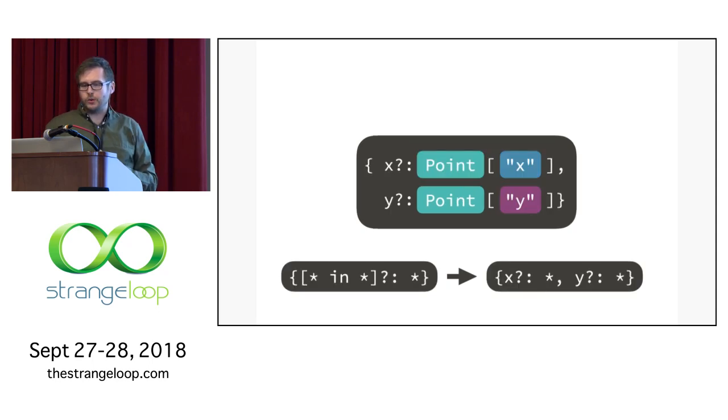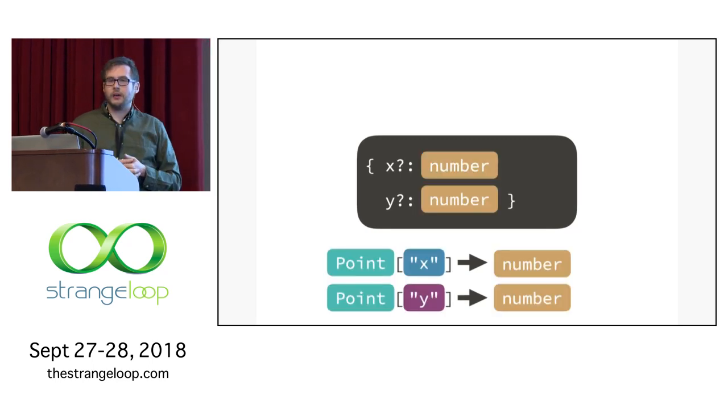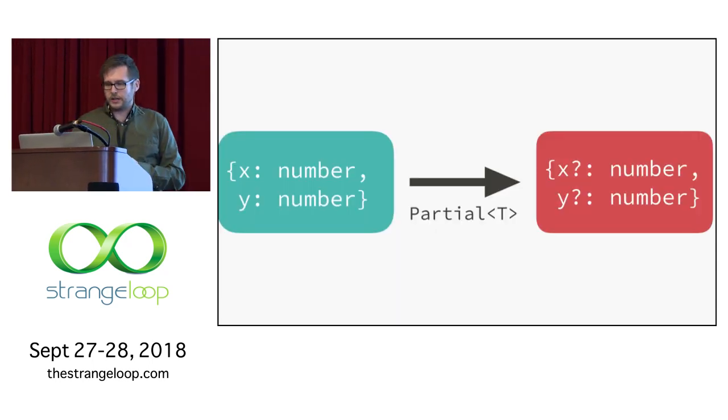Expanding for us into an object type that has x that's optional and y that's optional, and where the individual values of k have been substituted into our Point subscript. Now, because Point has the type number for the x property, and it also has the type number for the y property, those substitute out to be the number type, giving us the result that we were hoping for originally.